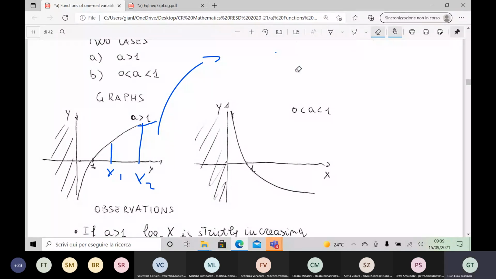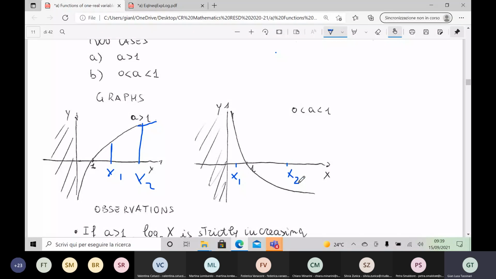Now, suppose you have x1 here and x2 here. So you see that x2 is greater than x1.